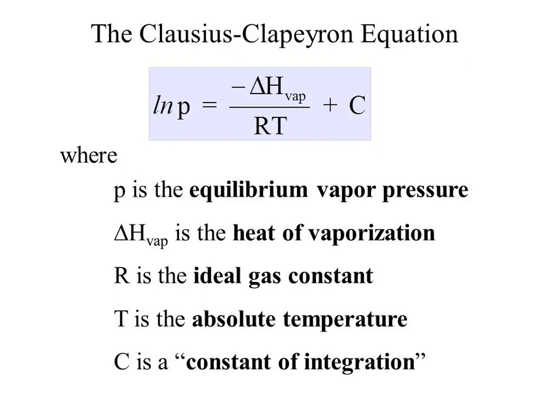For those substances, we can make a CC plot, a Clausius-Clapeyron plot. Now, as the investigator, on Thursday's lab you are actually going to gather data to make a Clausius-Clapeyron plot.